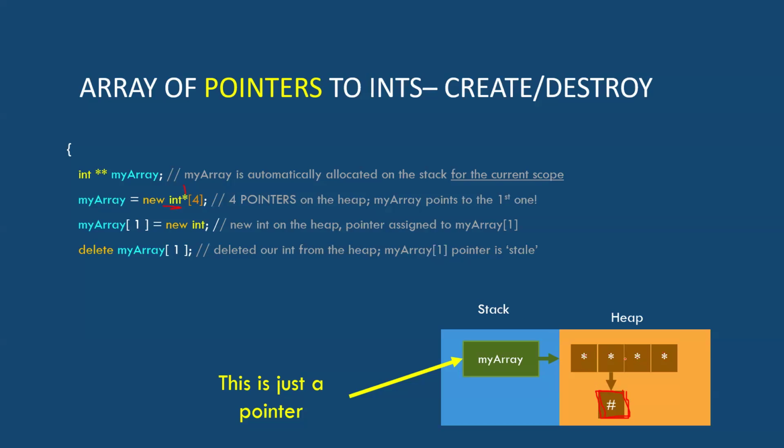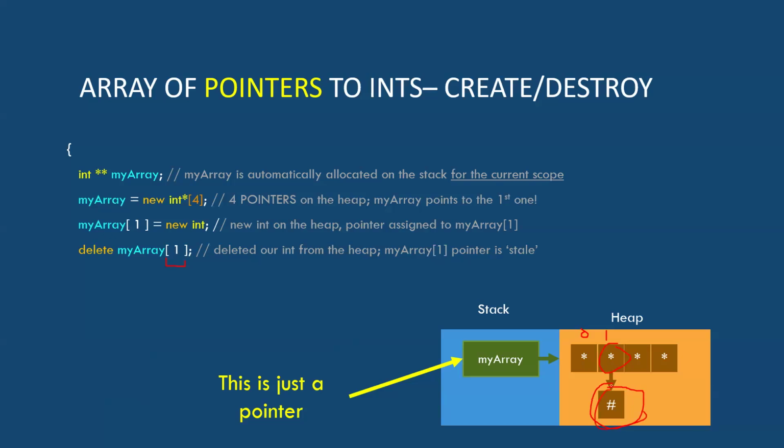So here are some pointers. Only one of them has been initialized so far. These are all dangerous and garbage. They should be set to null. But in order to delete the item at position 1, 0, 1, we say delete what this is pointing to. So we're deleting this, not this.